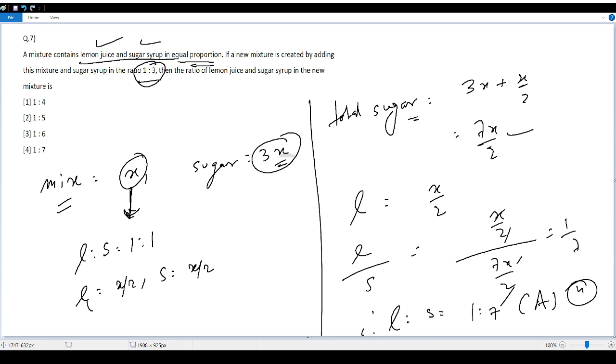Profit and loss also had ratio and proportion, and here also we have ratio and proportion. So in that flow we can do ratio and proportion. After ratio and proportion, I'm thinking of completing simple interest and compound interest, because that is associated with percentage. That will also be very easy for you, and then we start number system. Okay, got it?